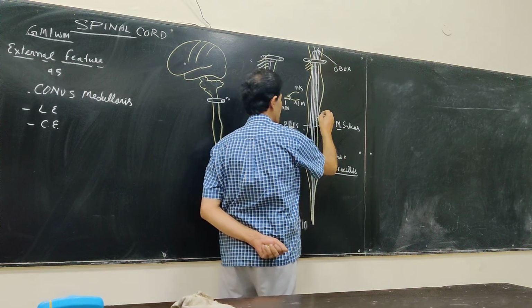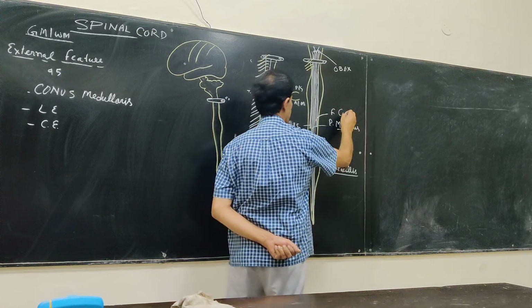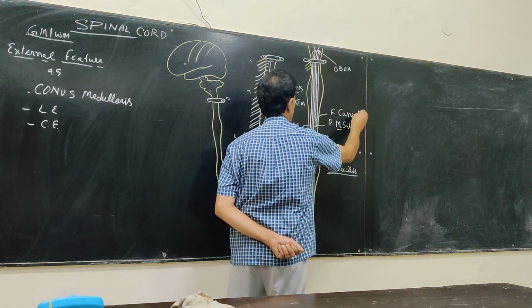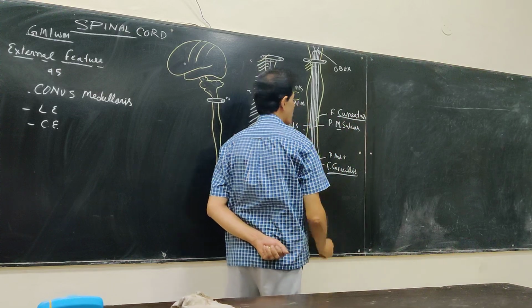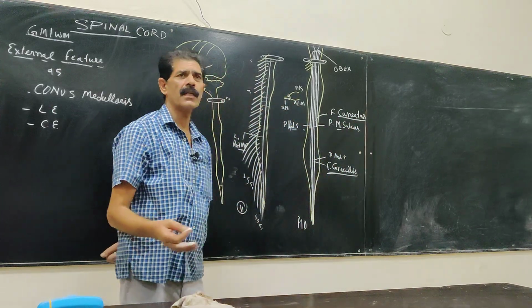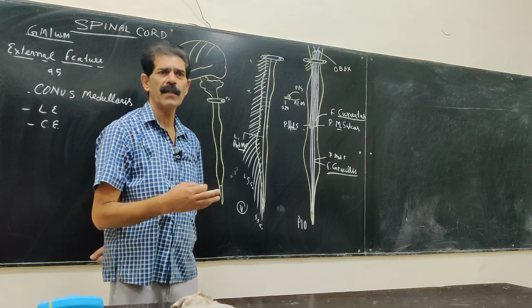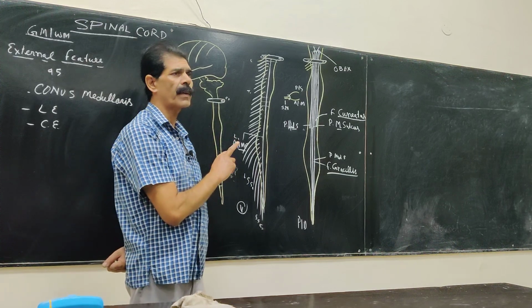And this elevation is called the fasciculus cuneatus. Fasciculus cuneatus is the lateral, and fasciculus gracilis is the medial elevation on the posterior aspect of the spinal cord.